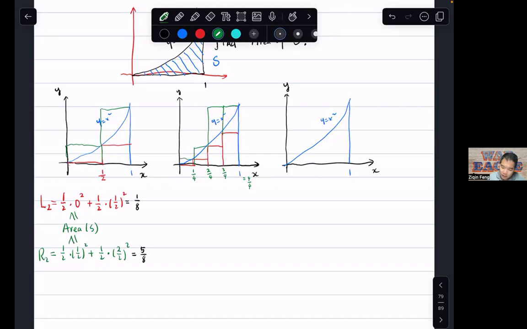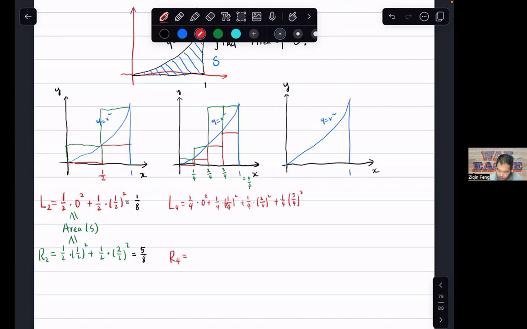So we get our L4 in this case is 1/4, because the width of each small stripe is 1/4, times 0 squared plus 1/4 times 1/4 squared plus 1/4 times 2/4 squared plus 1/4 times 3/4 squared, right? And you get R4.